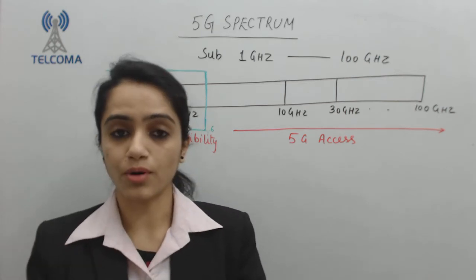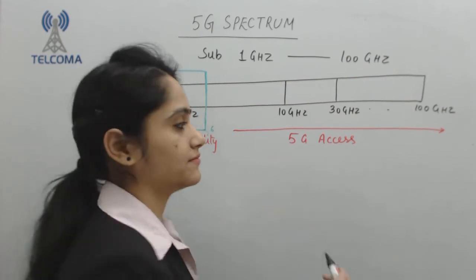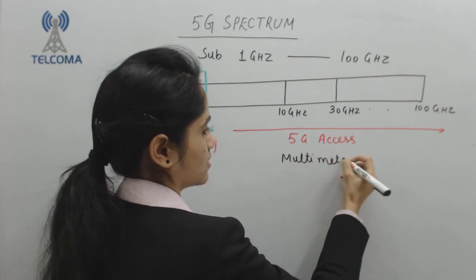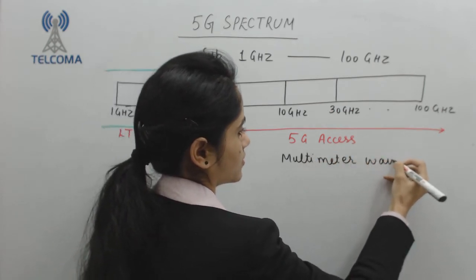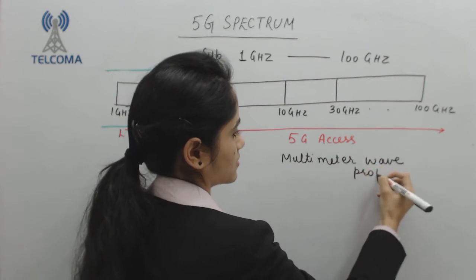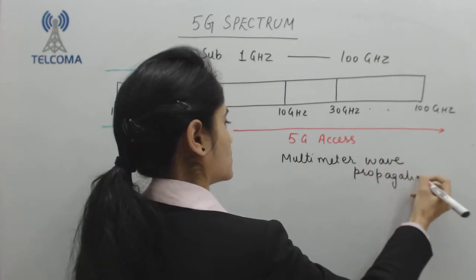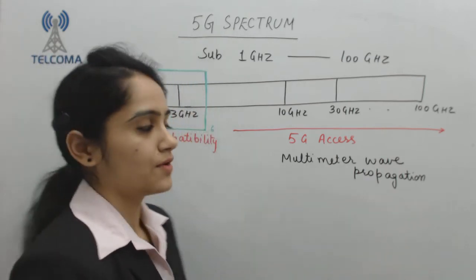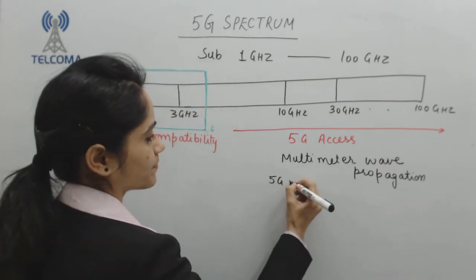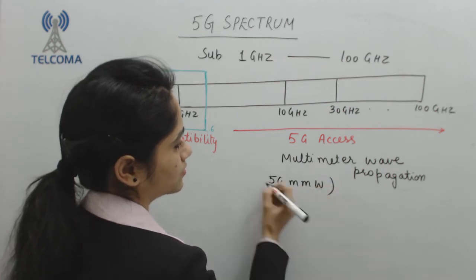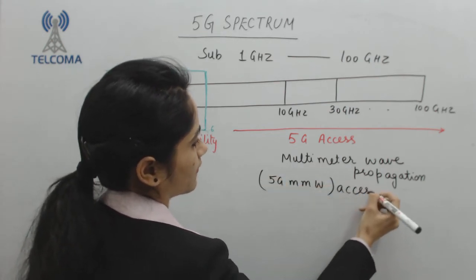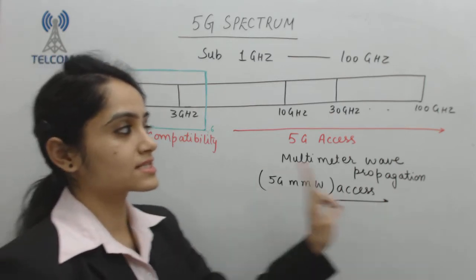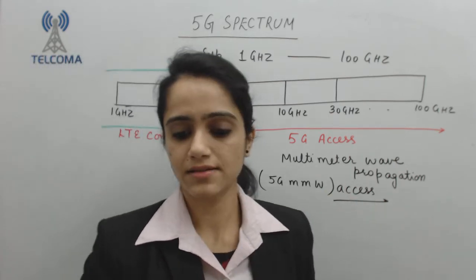Focusing on 5G access, we have here millimeter wave propagation. So extending up to 100 gigahertz, we have 5G mmW access, or millimeter wave propagation access.